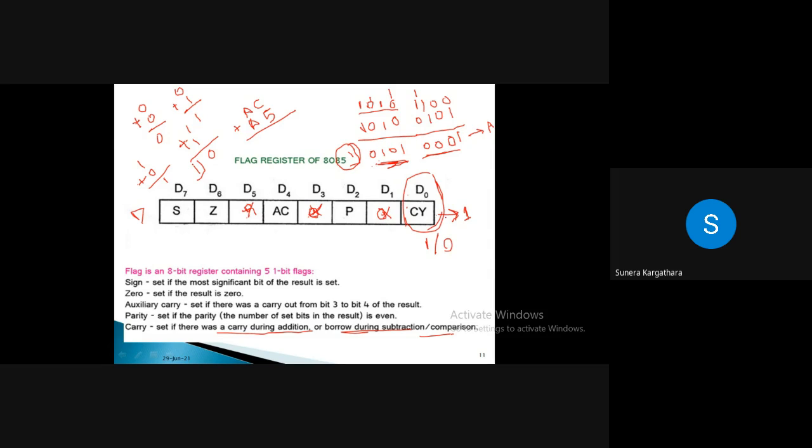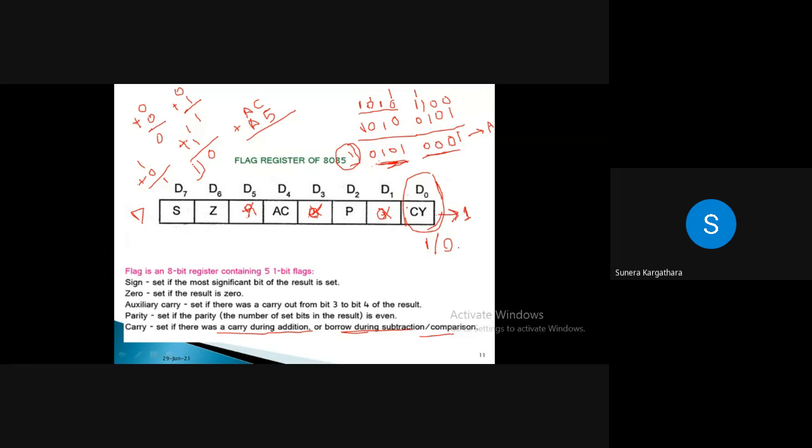Students, is it clear? If your result does not generate any carry, the status of this bit will always be 0. It will be in reset mode. Your D0 bit of the flag register will be reset if you are performing an addition or a subtraction operation, and carry or borrow is not generated.